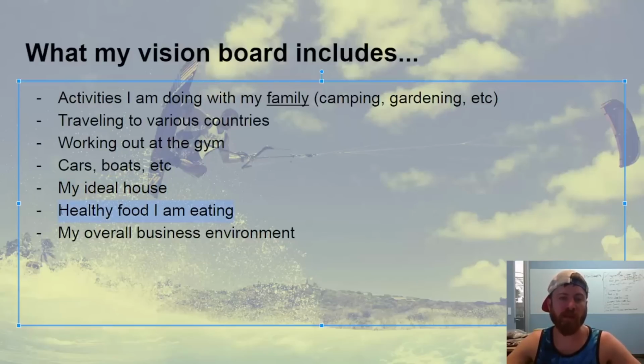Also, on my vision board, I have healthy food I am eating. Just as I said, a lot of greens, a lot of nuts, and vegetables. I'm not a big fan of fruits. And then also just my overall business environment. I want to be an investor in companies.